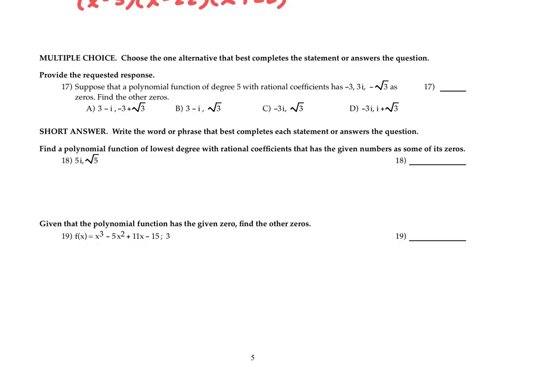So if I have 3i, then I have also -3i. If I have negative radical 3, then I also have positive radical 3. So if it has an i or a radical, it always has a conjugate. That doesn't work for an integer like -3. So here, I have 2 other zeros. I have a degree of 5, so I have to account for 2 other zeros. And so that would be C.